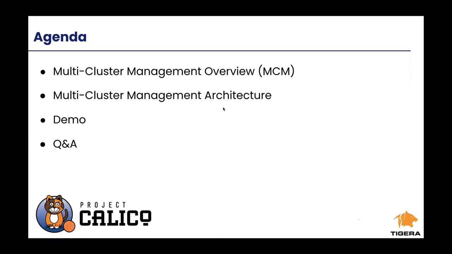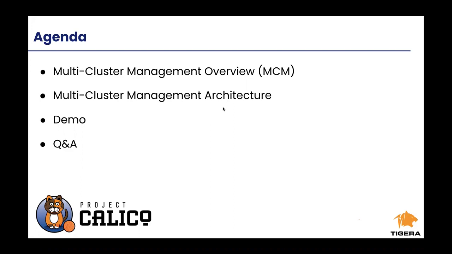So today we're going to go over a little bit of an overview of what multi-cluster management is and how it's architected. And then I'm going to do a demo of the multi-cluster management setup, and we'll actually add a new cluster.